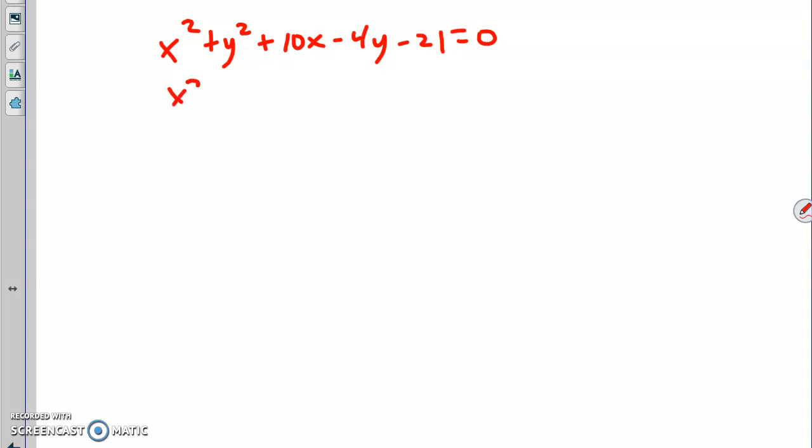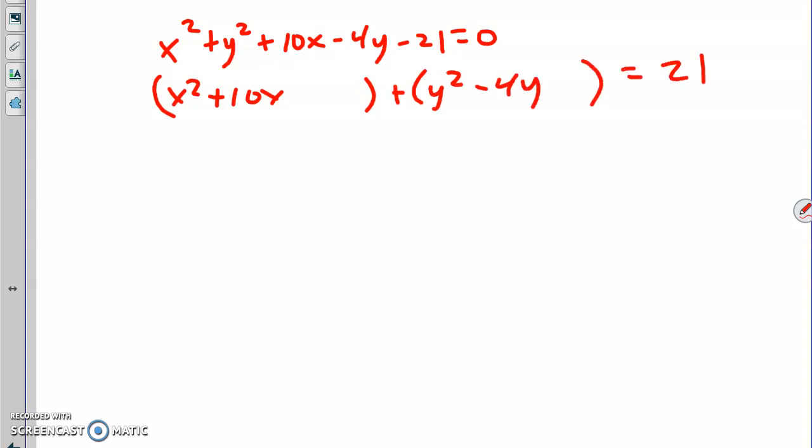And so I'm going to write it with my x terms together, my y terms together. Remember we use b divided by 2 squared to get all the c values, so 10 divided by 2 is 5, 5 squared is 25. If I add it to one side, I have to add it to the other. Half of -4 is -2, 2 squared is 4, so I'm going to add 4 to both sides.